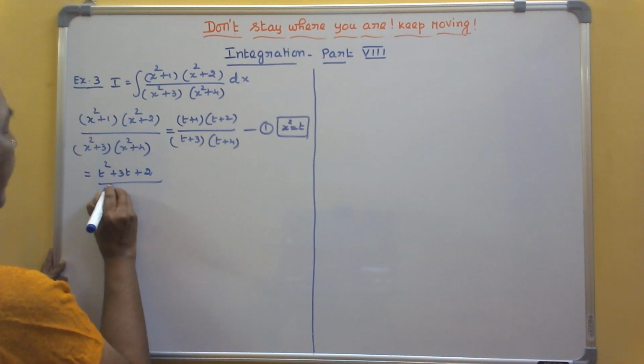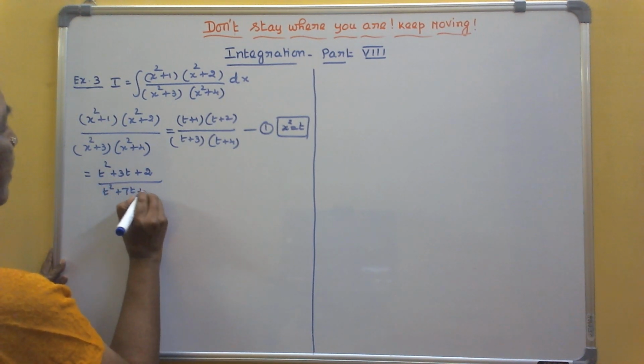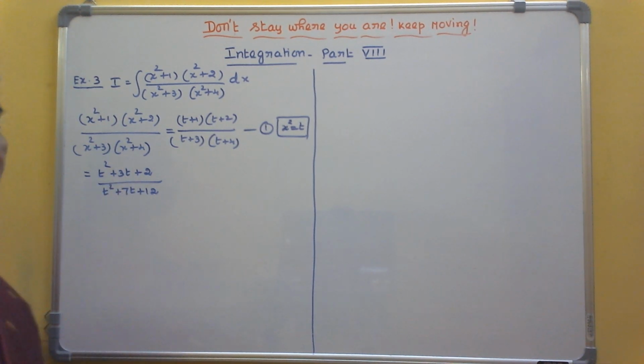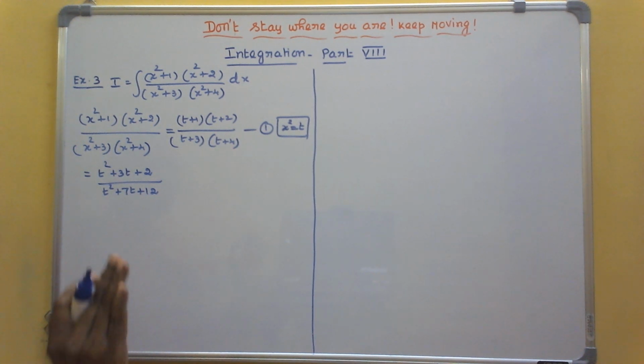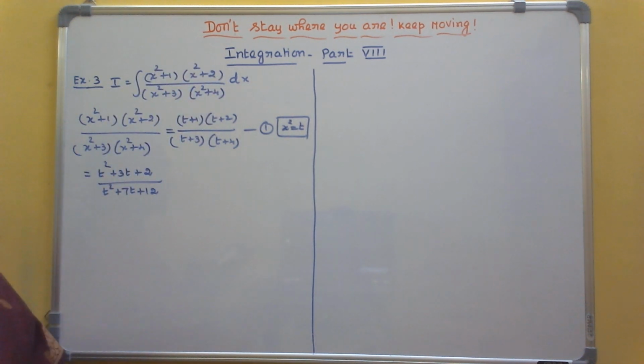The denominator is t square plus 7t plus 12. Okay? Now both are of degree 2. So now I can divide and I can come to the quotient plus remainder by divisor format. Because I wanted to avoid that fourth degree, so now I have got a second degree.